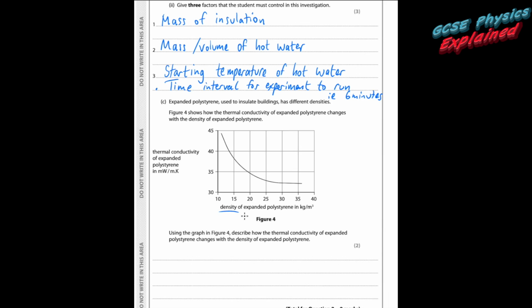So this is the density across the bottom, that's low density, this is high density, and you can see this is thermal conductivity up the side, that's high, and that is low thermal conductivity. So as the density increases, the thermal conductivity decreases.